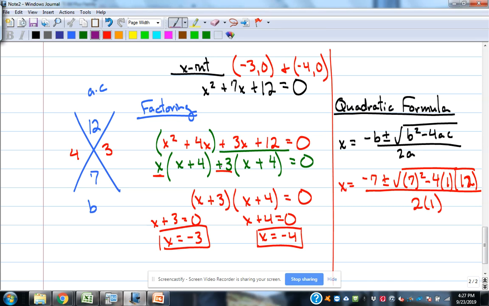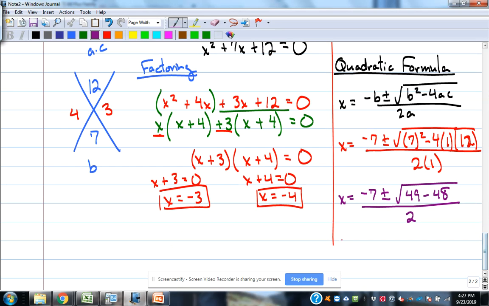And I'm working that out. Negative 7 plus or minus the square root of 49 minus 4 times 12, which is 48, and then 2 times 1 is 2.